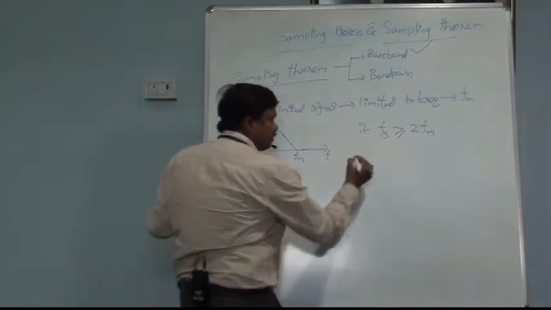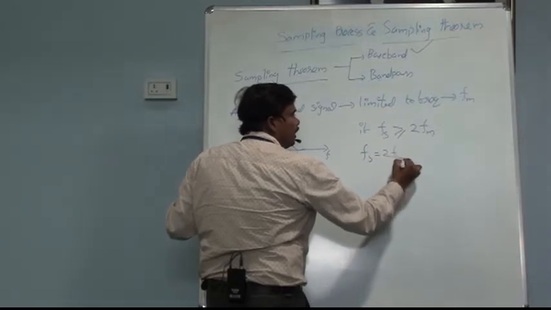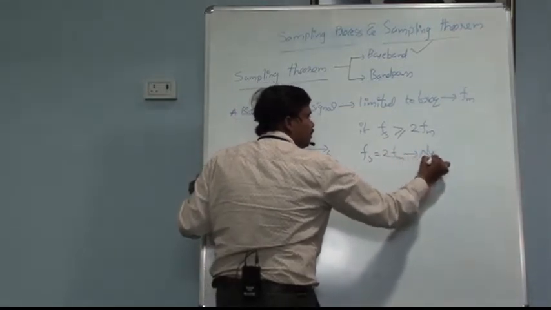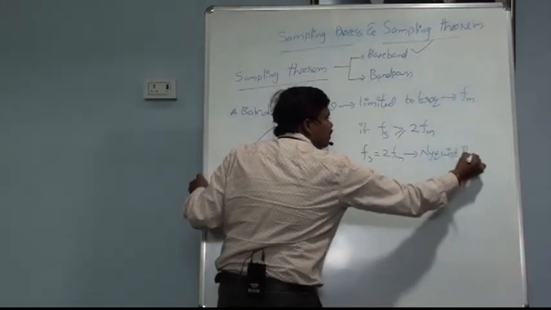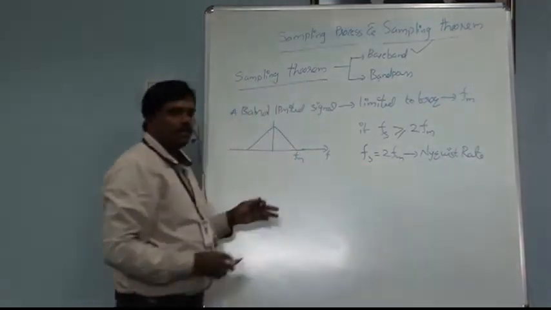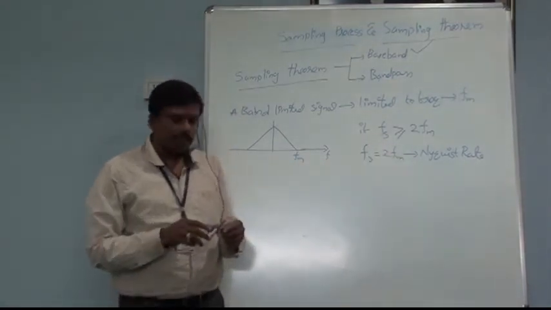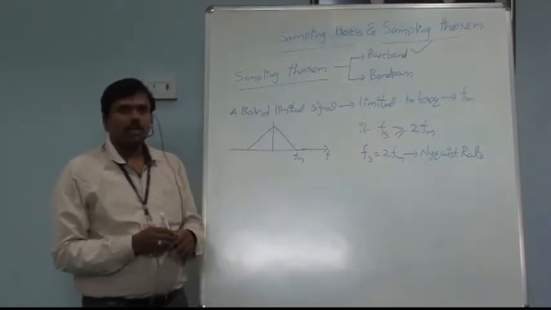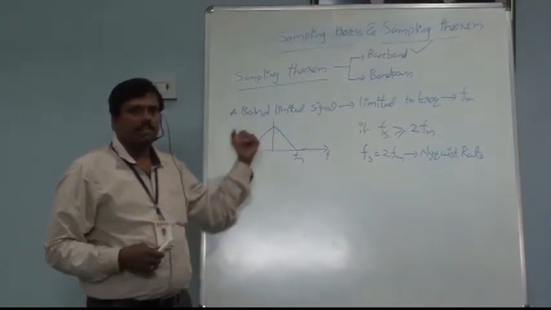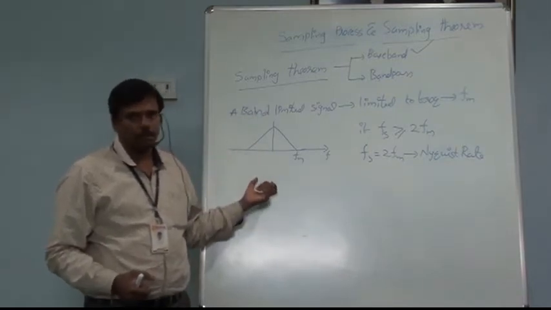Now, the condition fs equal to 2fm is called the Nyquist rate. In the sampling process, we are losing some information in the time domain.